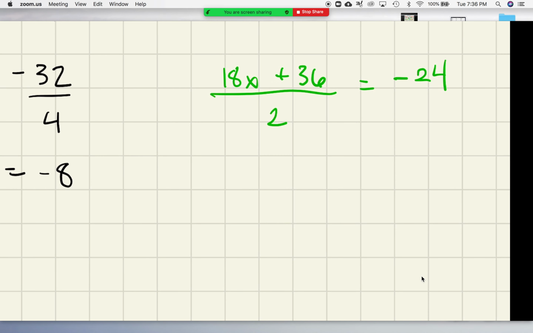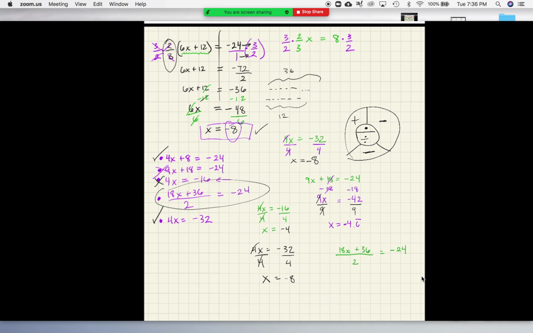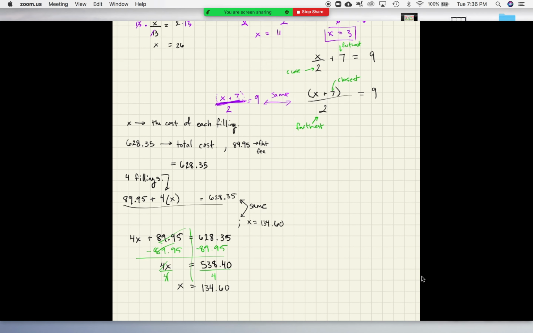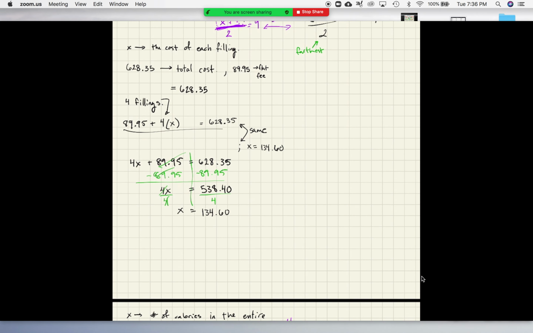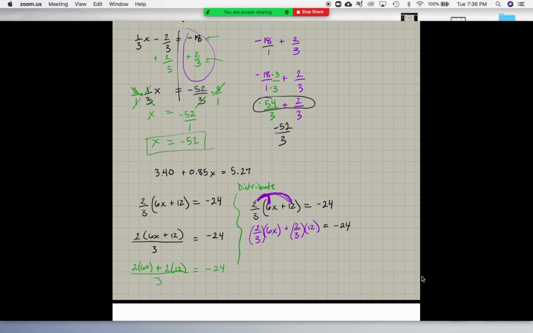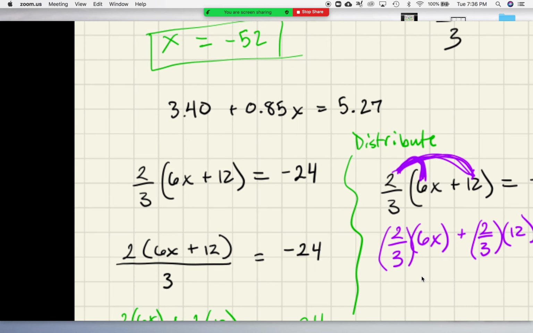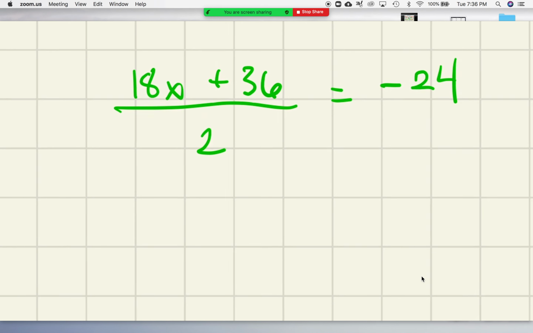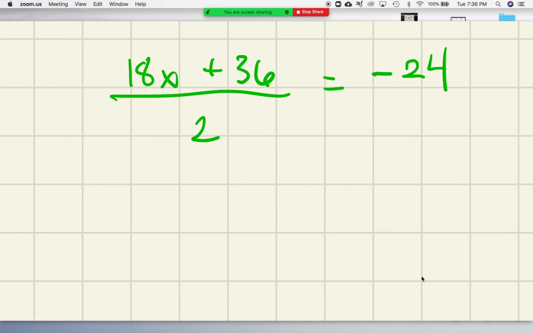Before, I was telling you that when there's this big long line underneath, it's the same thing as if there were parentheses around here. So if I put these parentheses around, that's what this big line means anyway.